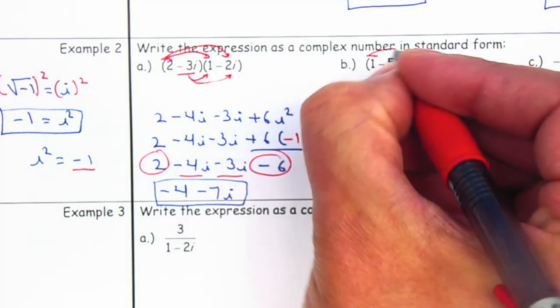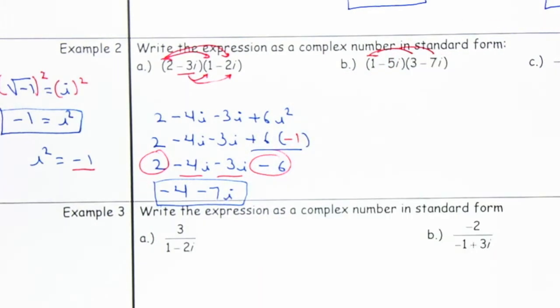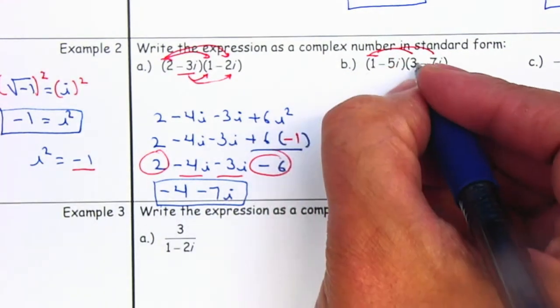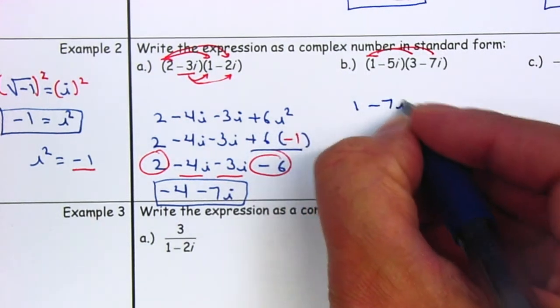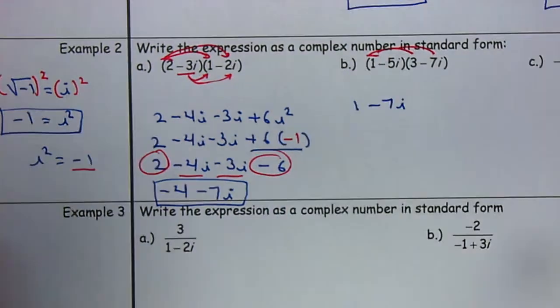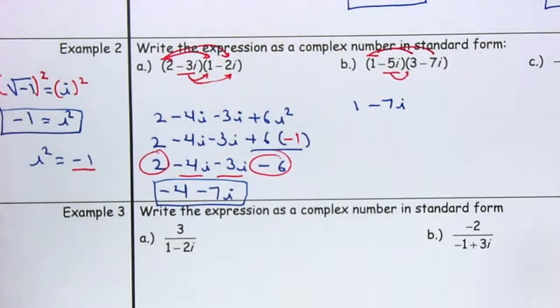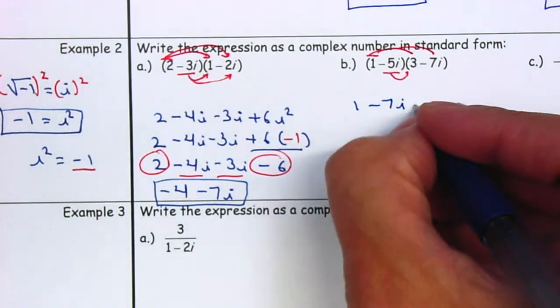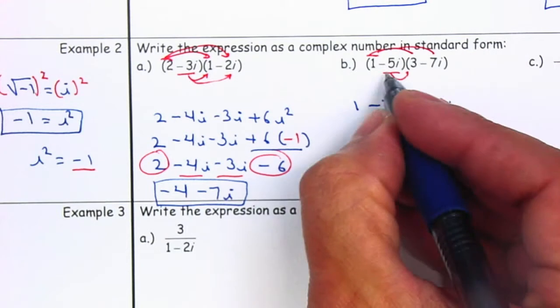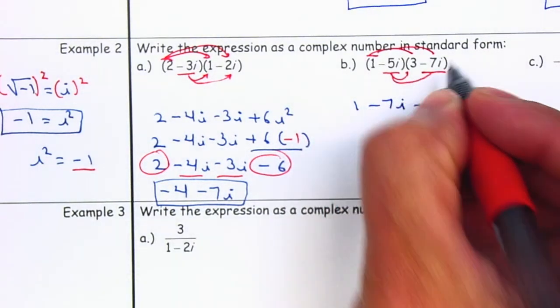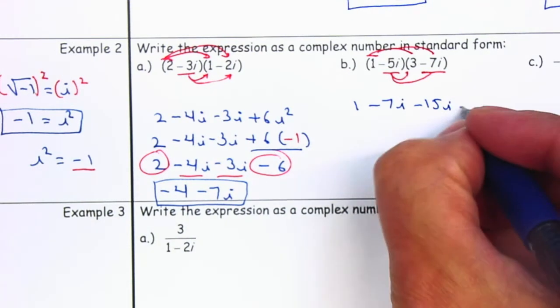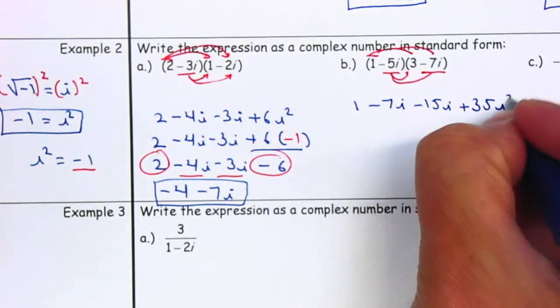First, on letter B, we're going to use our distributive property to multiply. 1 times 3 will give me 3. 1 times negative 7 is negative 7i. Negative 5i times 3 is negative 15i. Negative 5i times negative 7i, negative times negative will be a positive 35i squared.